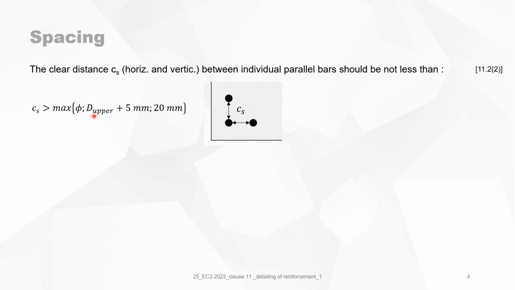Note, it says D upper, not D max. D upper plus 5 millimeter, or 20 millimeters. So in practice, when you use a clear distance of at least 40 millimeters in your constructions, you will comply in most cases with this formula. And then it's easy to use. You do not have to recalculate this all the time.